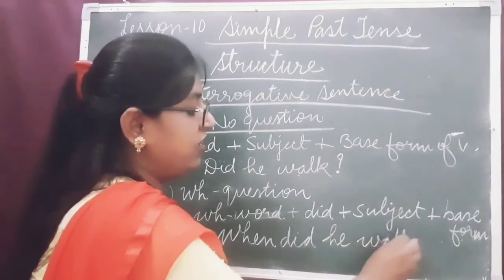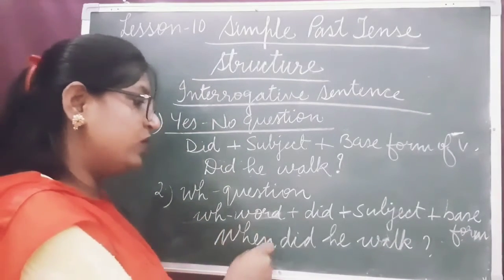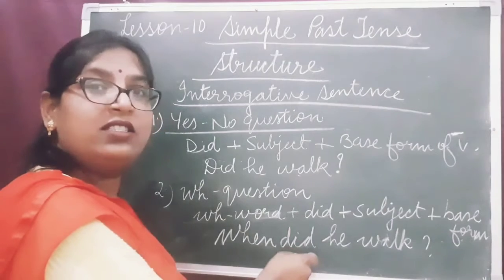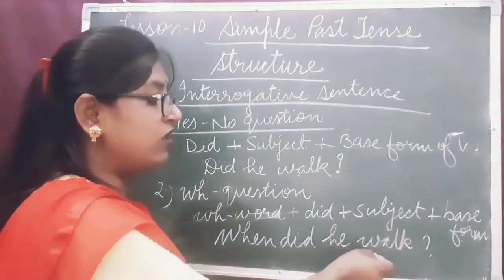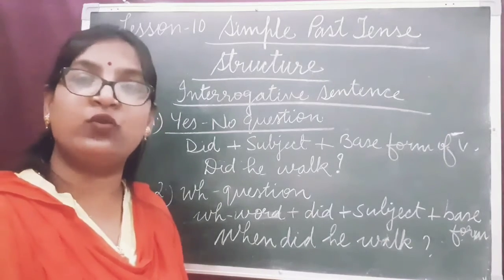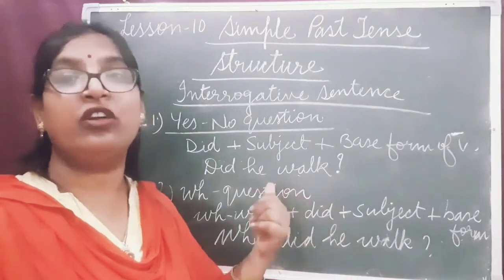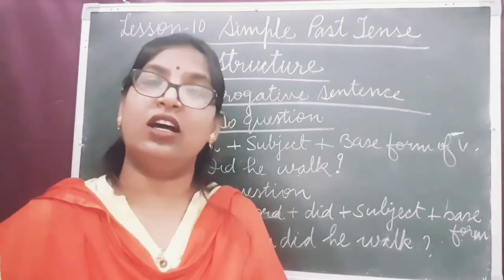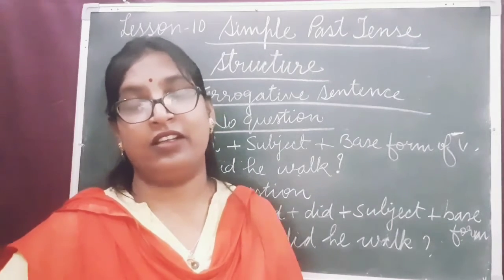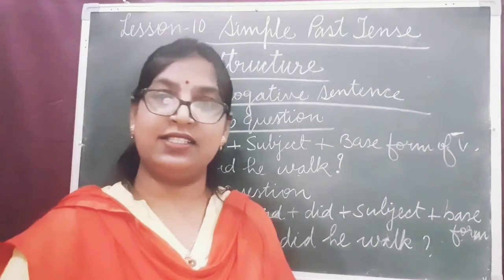When is the WH word, did is the past tense form of the verb do, the subject is he, and the verb walk is in its base form. And always remember to put a question mark at the end of your interrogative sentence. So these were the structures of different kinds of sentences in simple past tense.